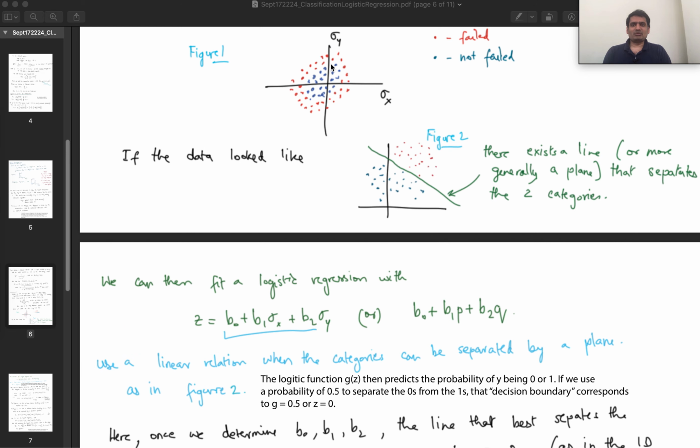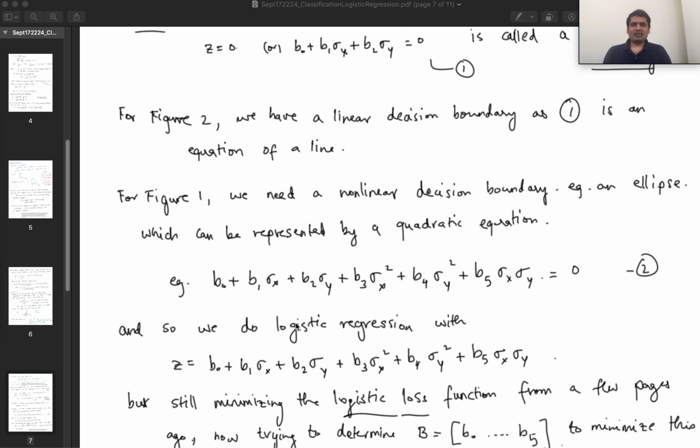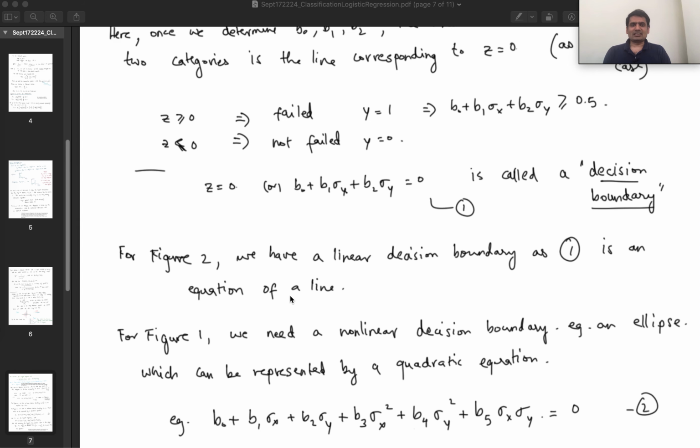For something like this, because you're trying to essentially approximate an elliptical region, we would have a quadratic expression in terms of all these inputs. So that's a difference, I guess.